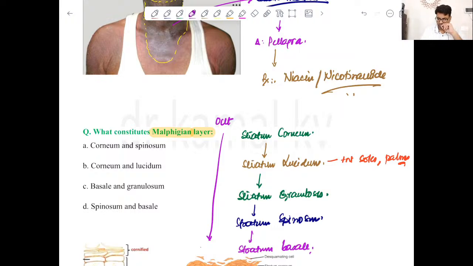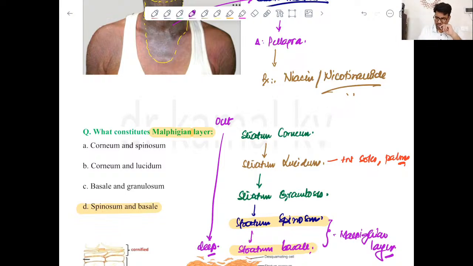Yes, Shahnawaz, you are absolutely right. Now, these two layers, spinosum and basale, are collectively known as the Malpighian layer. So this is the terminology of the Malpighian layer.